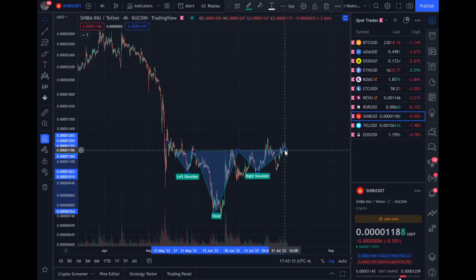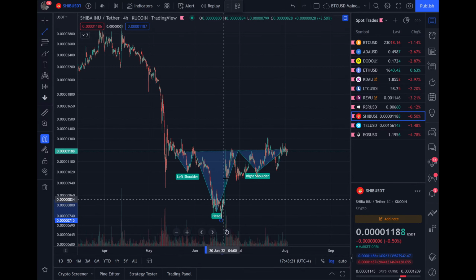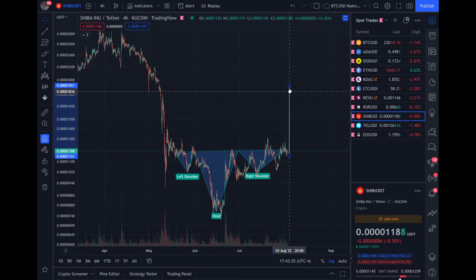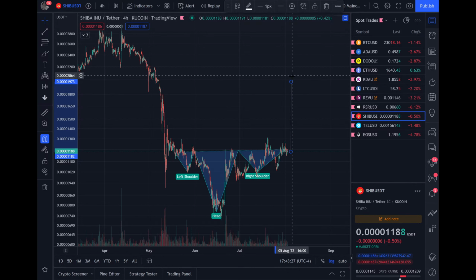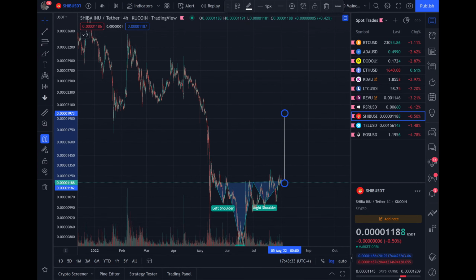And this breaks, and it typically targets the height of the head from the neckline superimposed from the site of breakout, which would get you to this next target up here. Okay, so I think that's what you get in SHIB.